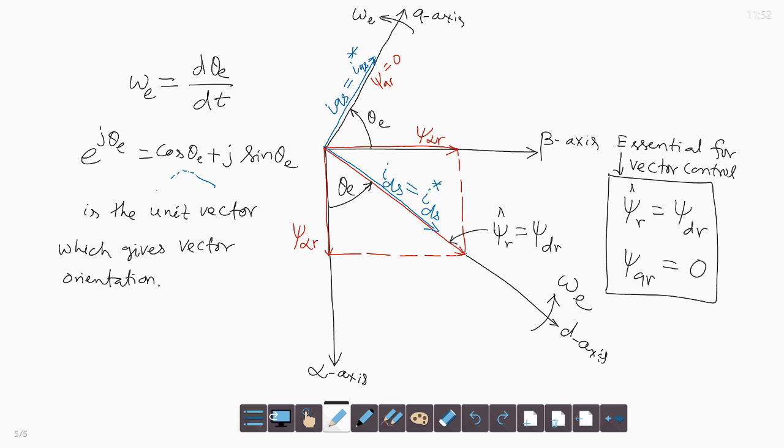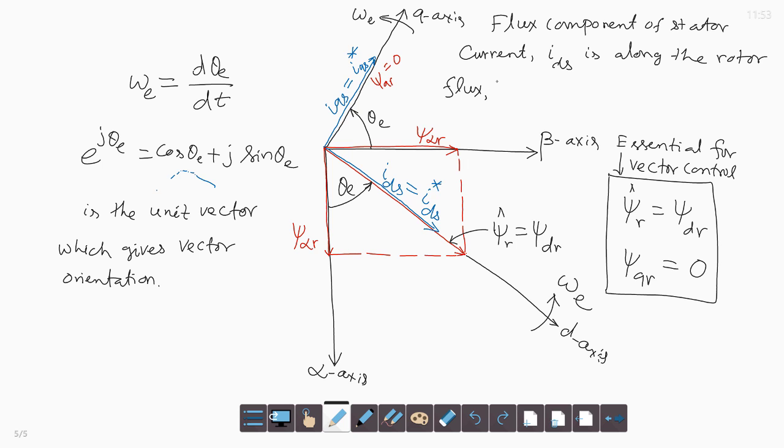What is that vector orientation? The flux component of the stator current I d s is along the rotor flux psi r, and I q s is perpendicular to it, orthogonal to it.